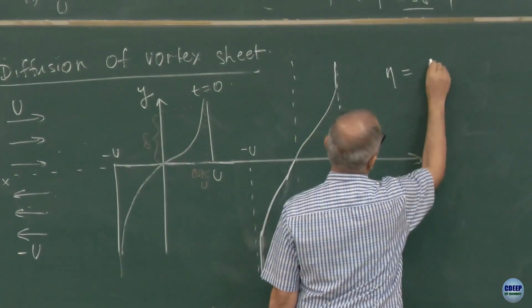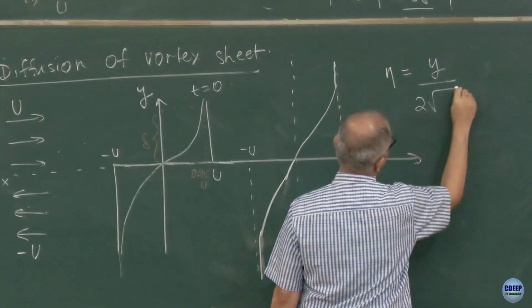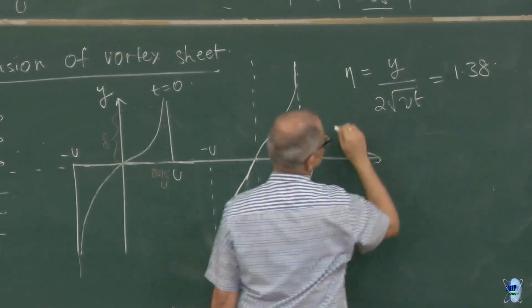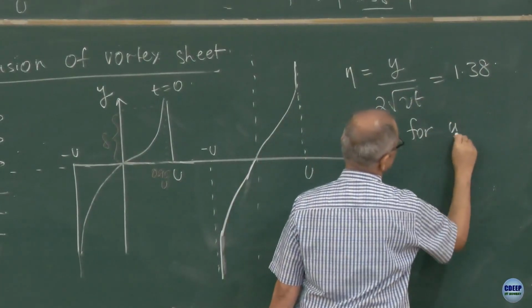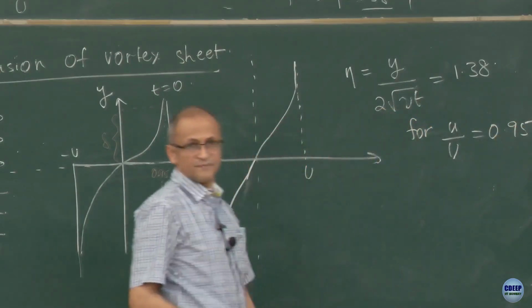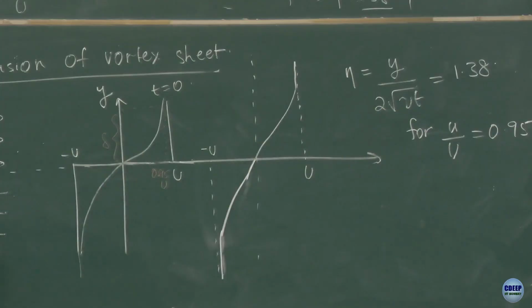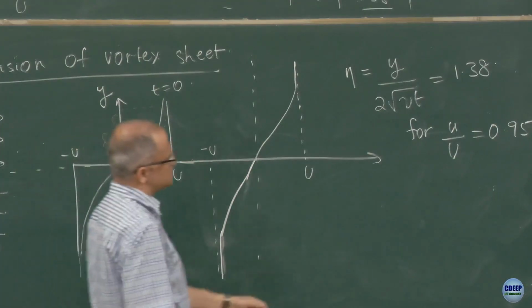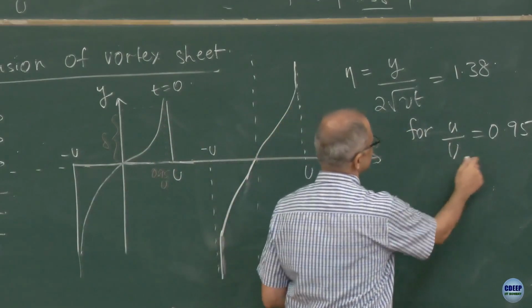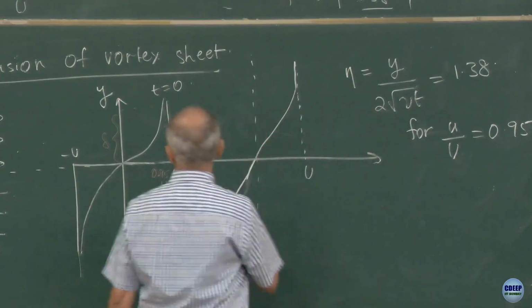Eta is equal to y upon 2 times the square root of nu t, equal to 1.38, for u by capital U equal to 0.95. Understood? This is an important point. I'm not sure, a lot of people have missed it, so we are redoing it.